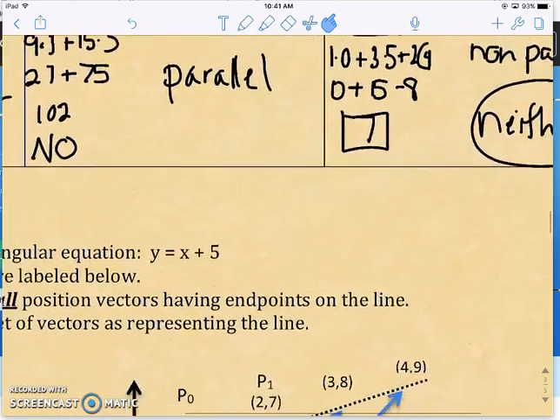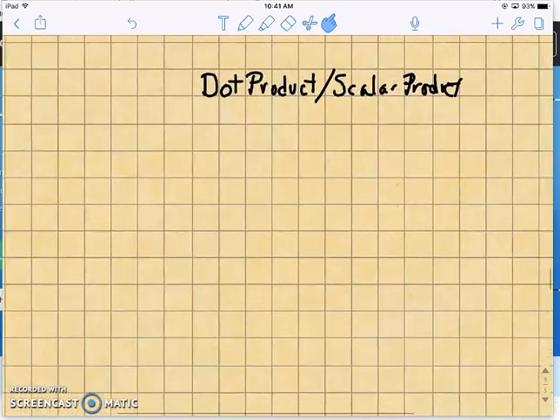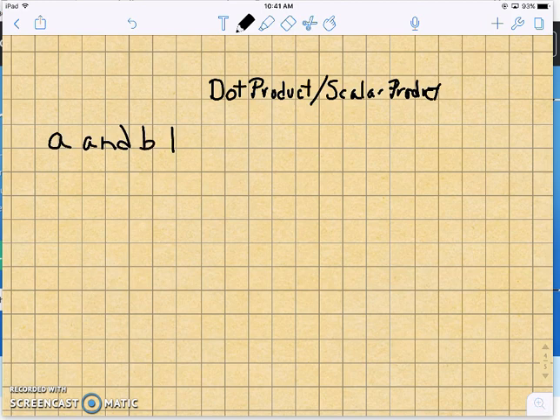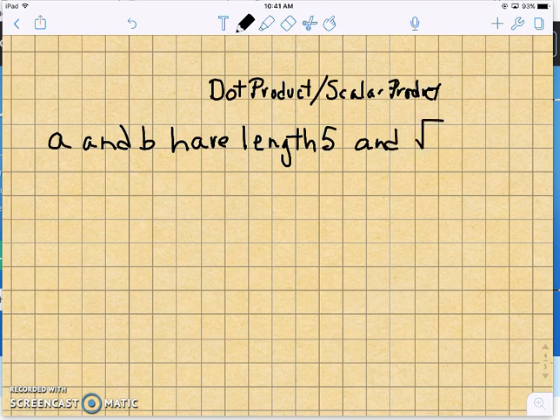All right, the last thing that we're going to take a look at is, let's say vectors A and B have lengths 5 and the square root of 7.